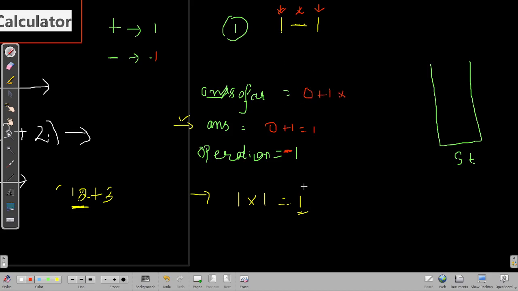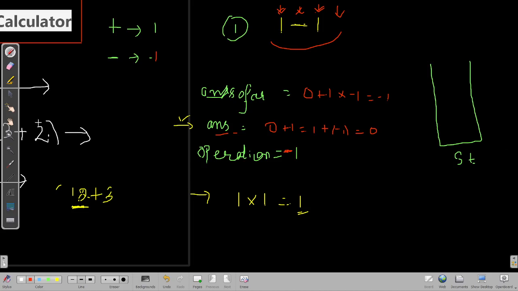In this case my operation is minus 1, so we multiply by minus 1, which gives minus 1, and we add it to the answer: 1 plus minus 1 is 0, and we return 0 when we come out of this. So this is the first thing. If we have simple expressions like this, we can calculate them without using any stack. Now the question is where we use a stack.